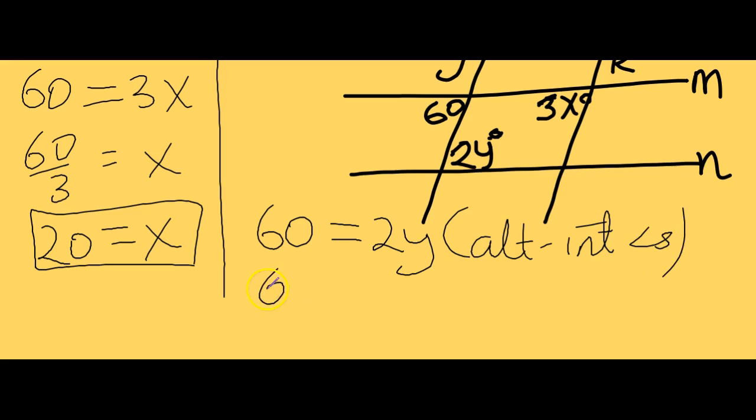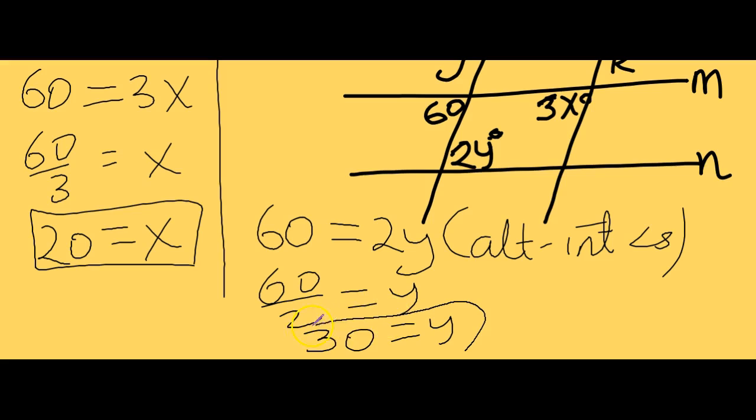So if we divide 60 by 2, we get y. So that is 30 equals y. So to make lines M and N and J and K parallel, y has to be 30 and x has to be 20.